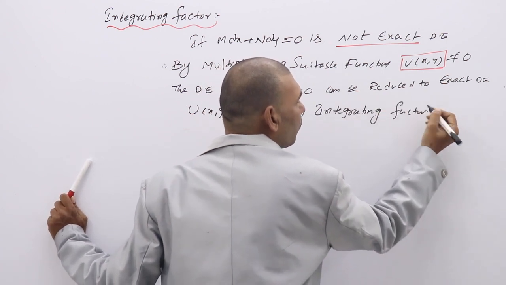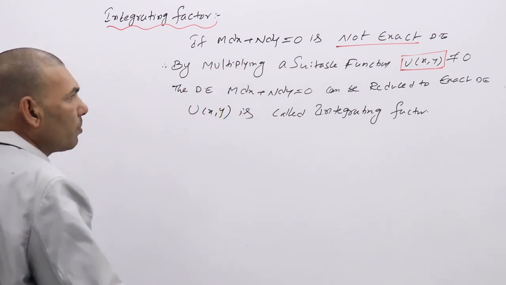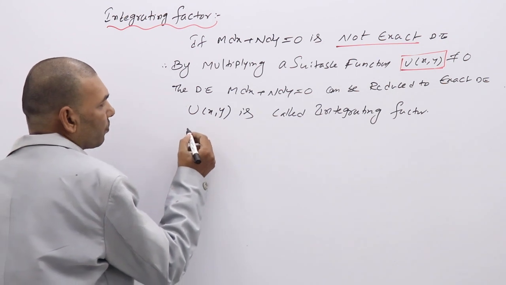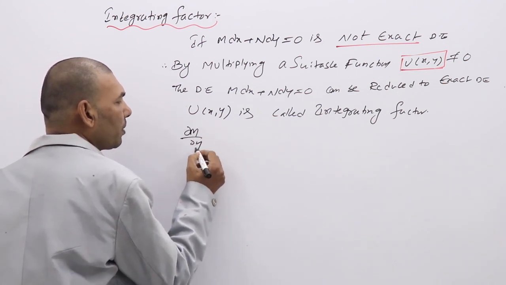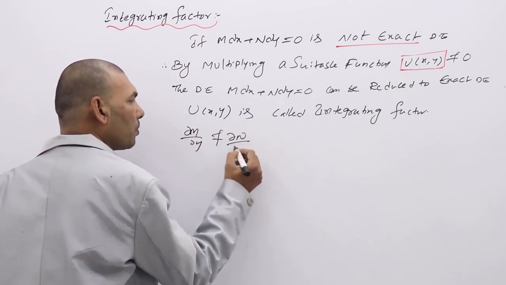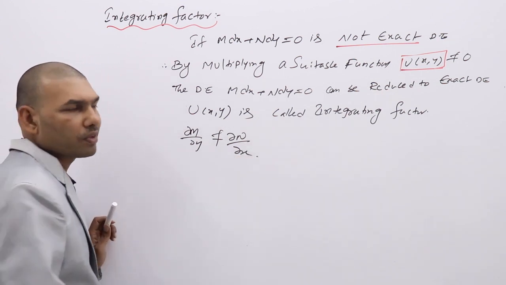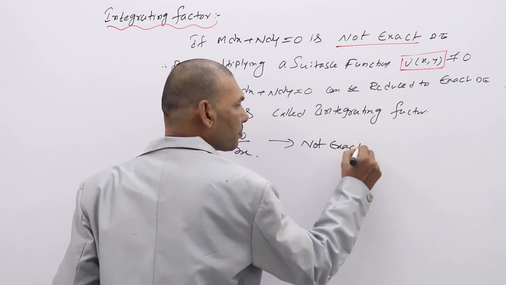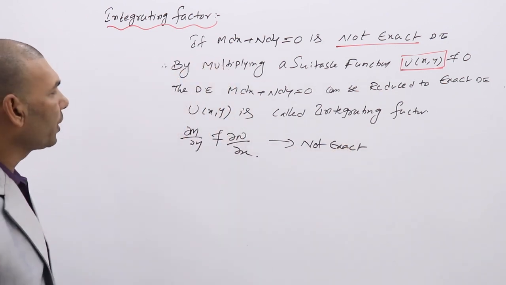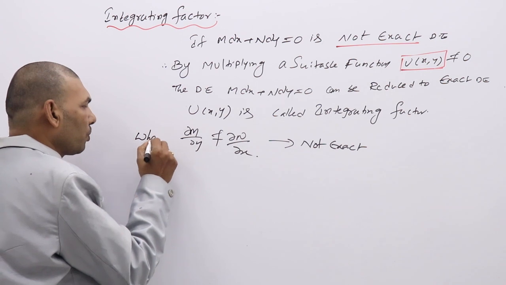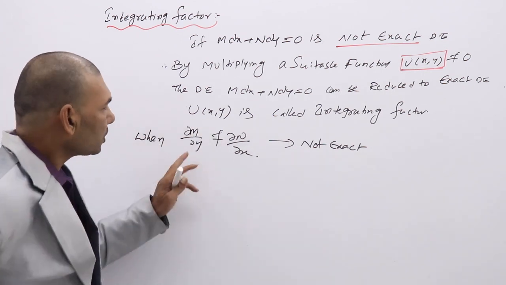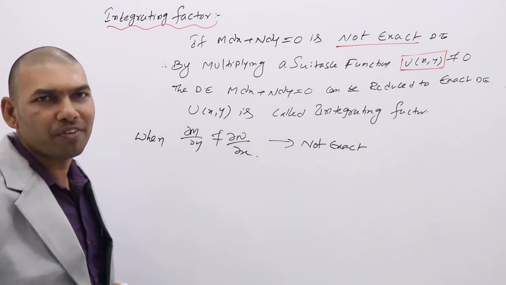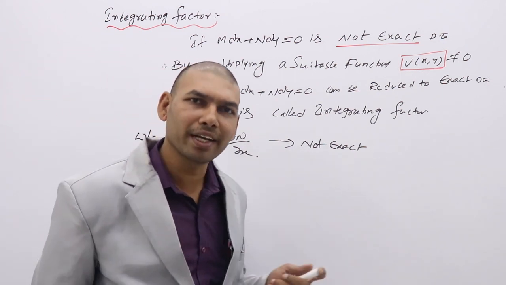So now we are going to solve some problems in exact DE in which ∂M/∂y may not be equal to ∂N/∂x. That means the given DE is not exact. Then to make ∂M/∂y equal to ∂N/∂x, we are going to multiply with a suitable function that is called the integrating factor.